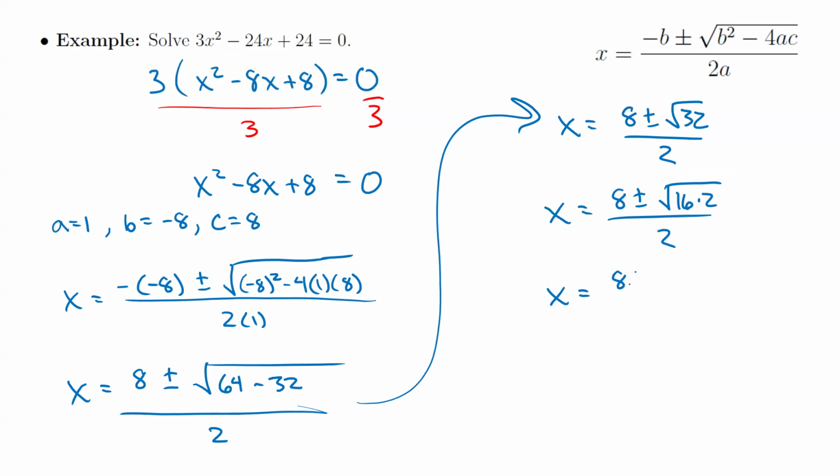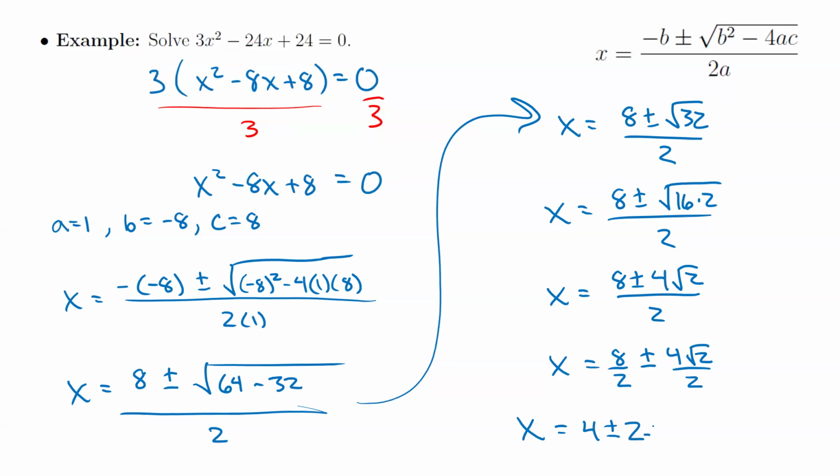So this is 8 plus or minus 4 root 2 over 2. Break that apart. So X is equal to 4 plus or minus 2 roots of 2.